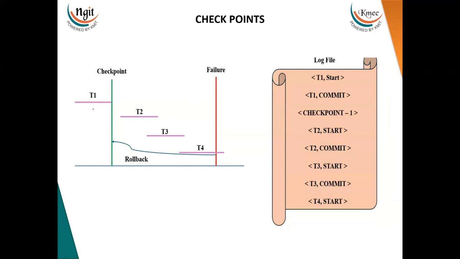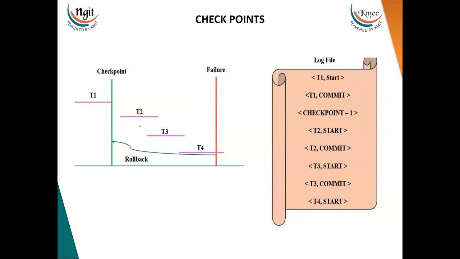Commit indicates successful execution of the transaction. Once it has reached the commit, we are placing a checkpoint here. Checkpoint is a technique where the database management system periodically takes a snapshot of the current state of the database and updates all the changes to the hard disk. Clear? So after T1 has completed, we are placing a checkpoint.